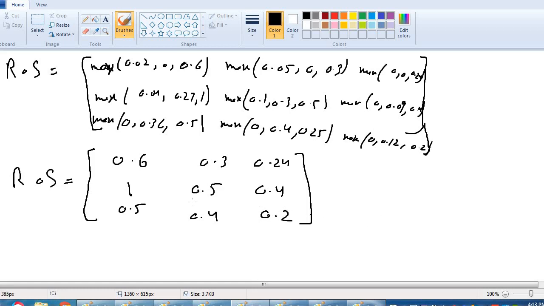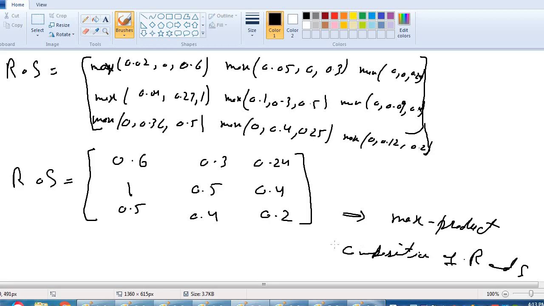So this is our composition R circle S, solved for max product. This is the composition of R and S, the R circle S composition. Okay, so we solve it for this.